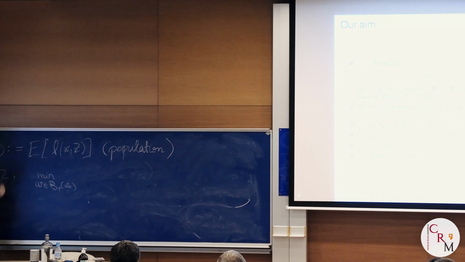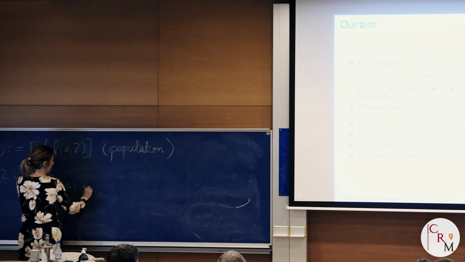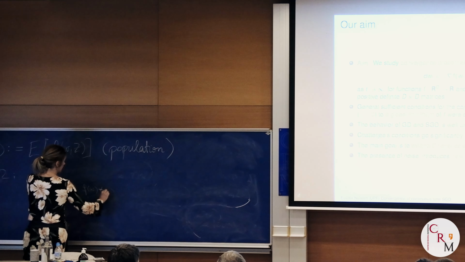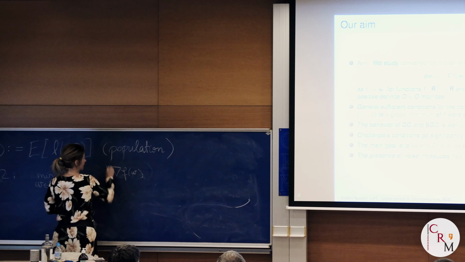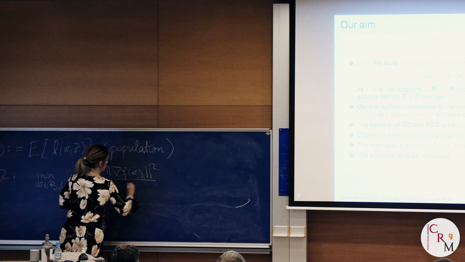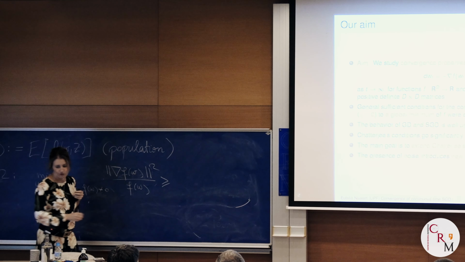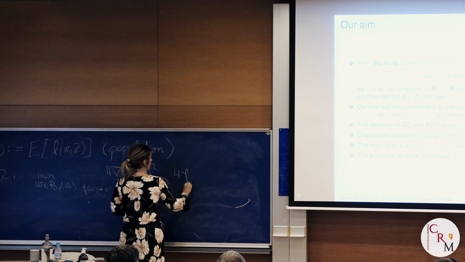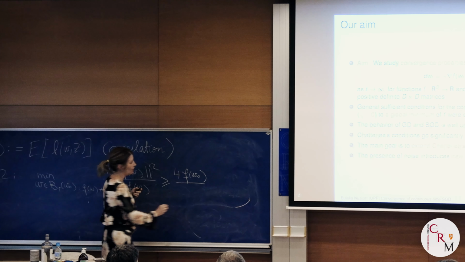So what Chatterjee does is that he assumes that the minimum over W in the closed ball of radius R and center W0 in R^D, where F doesn't vanish, of the gradient of F squared divided by F is lower bounded by 4 times F of W0 divided by R squared.